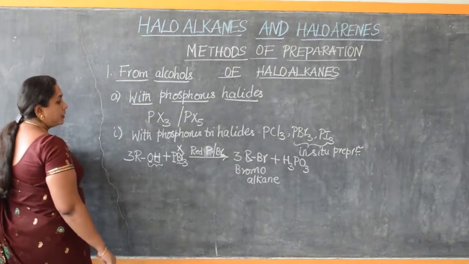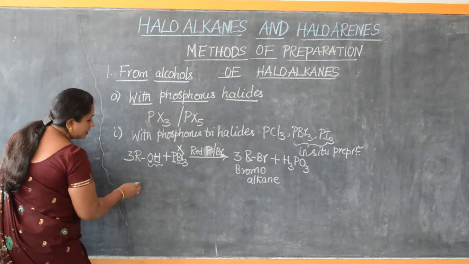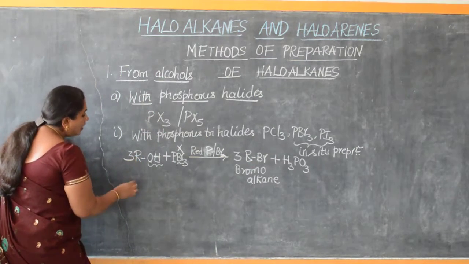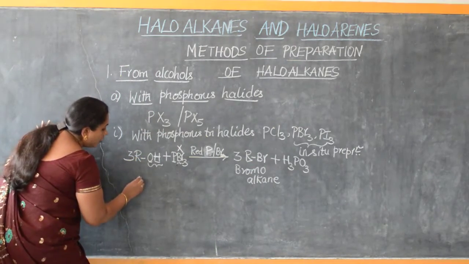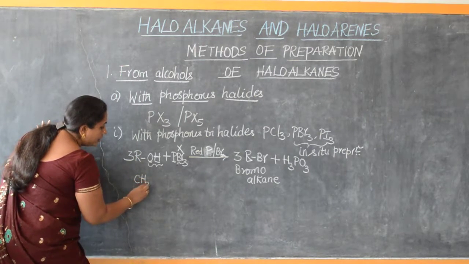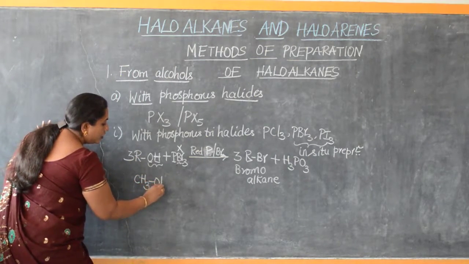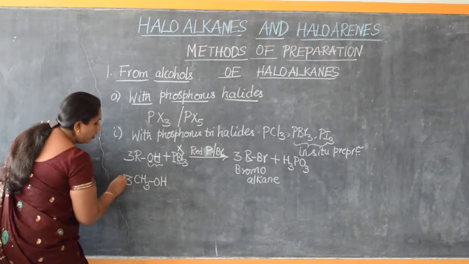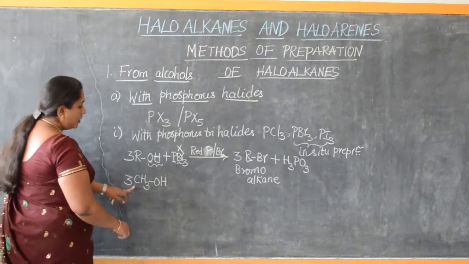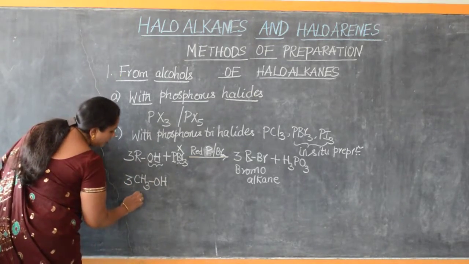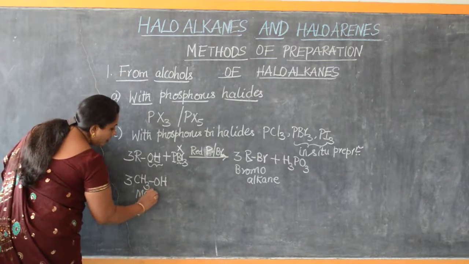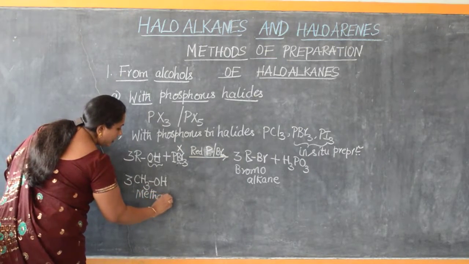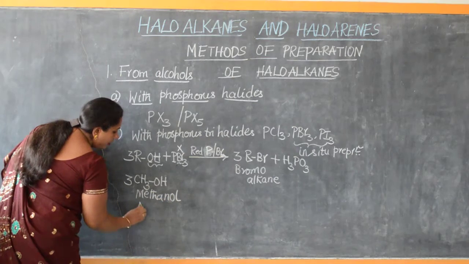Let us write a specific reaction by taking this R and replacing the R with, let me say, methyl group. Therefore, our starting material will be CH3OH and 3 molecules of them. So, what is the name of CH3OH? Methanol. Methanol is its IUPAC nomenclature.